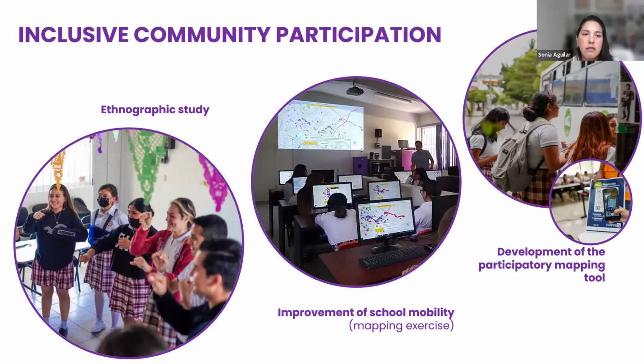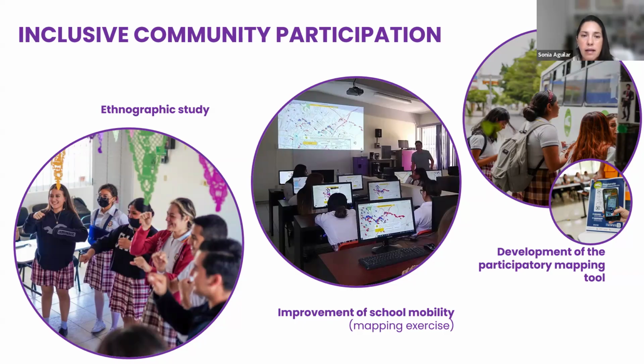So what we identified is that in order to have the participation of students above 5 years old to 20 years old, we need different dynamics and different ways to communicate with them, different communication channels. So through the ethnographic studies, we identified which channels were the ones that they were using. So they were using TikTok, they were using Instagram and different digital tools.